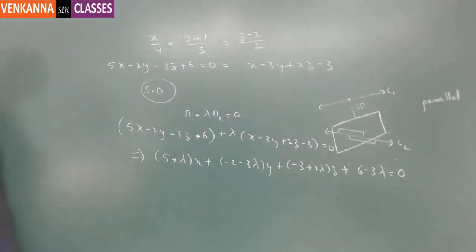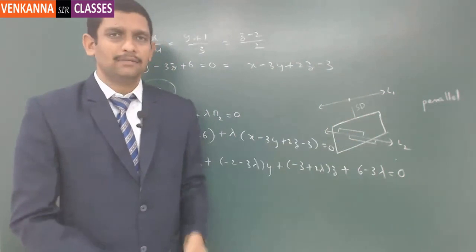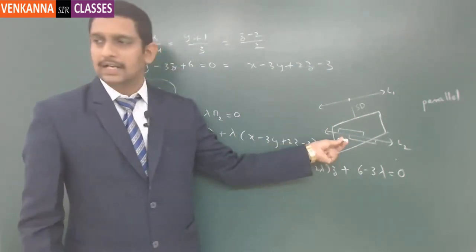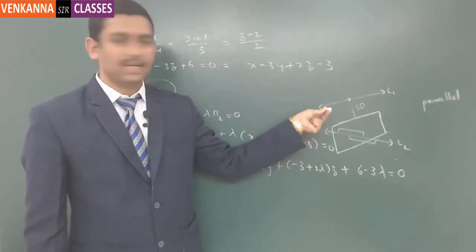Now what happens, since the plane is parallel to the line, the normal to the plane and the line are perpendicular.